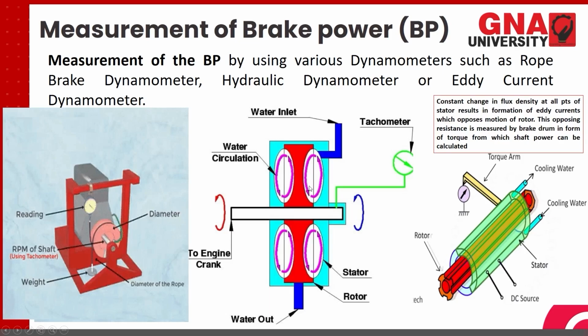These eddy currents oppose the motion of the rotor, and this resistance is measured with the help of the torque arm, and then we can calculate the brake power by measuring this torque and RPM. So the same method is used for all three cases. Here we are using mechanical brakes. In the hydraulic dynamometer we are using water as a brake, and in the eddy current dynamometer we are using the formation of eddy currents in the stator as a resistance to the motion of the rotor.